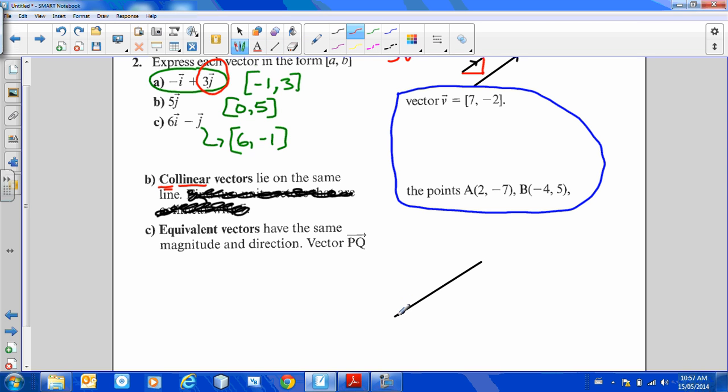So I could have a vector covering this basic spot. I can have another one that is going this general direction. But essentially, they can be placed on top of each other, so that one covers the other. And equivalent vectors are just 2 vectors that have the exact same size and the exact same direction.